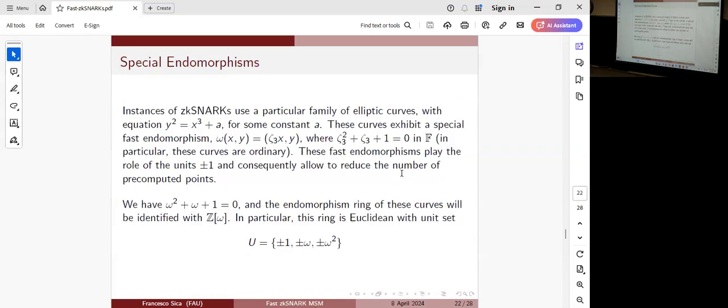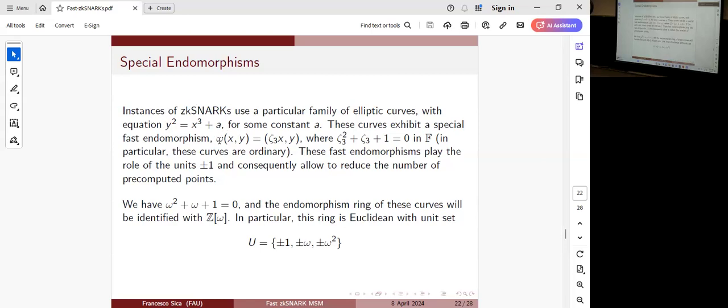And then we say, in fact, initially we were trying to understand how we can use endomorphisms of elliptic curves. So in the zkSNARK curve, and this Pinocchio curve in particular, and the one used for Zcash, uses this particular elliptic curve.